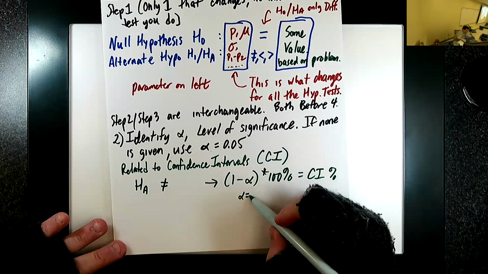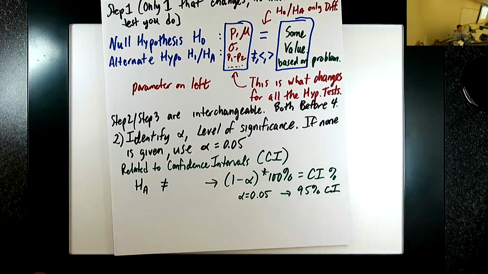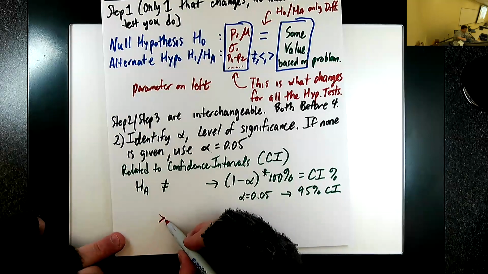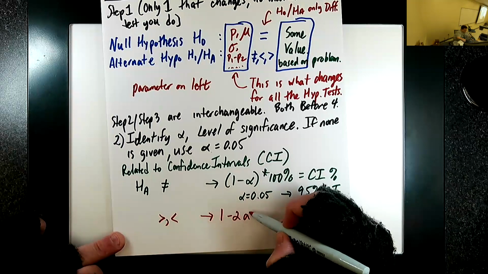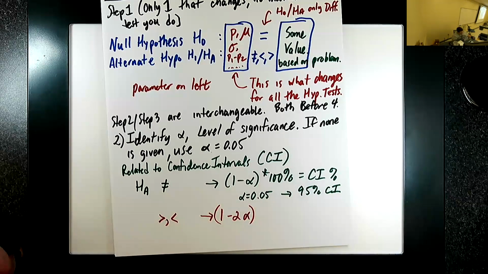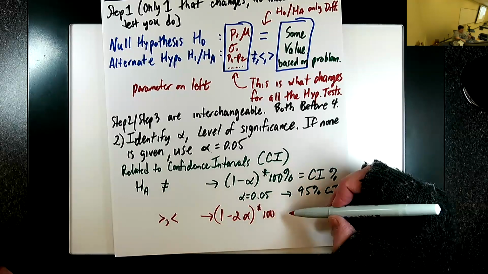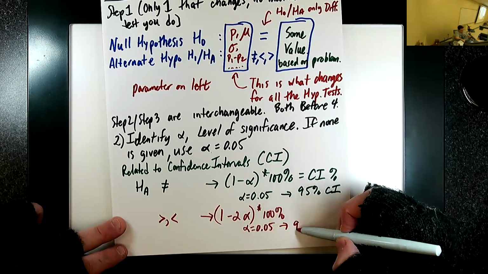So alpha equals 0.05 leads to a 95% confidence interval. If HA is greater than or less than, you kind of want to do 1 minus 2 alpha. They do it a little different in the notes, but this is much more clear. So alpha equals 0.05 would be 90% confidence.